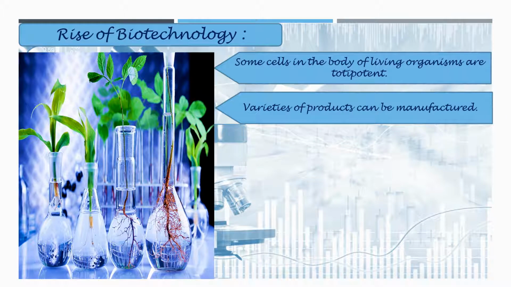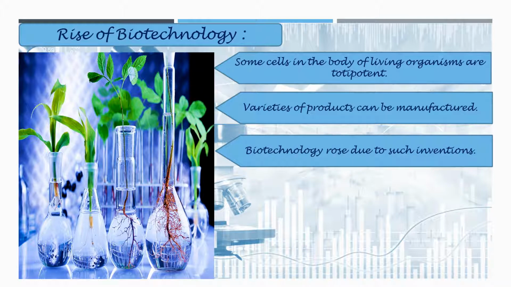Due to this totipotency of the cells and their genetically controlled biochemical processes, a variety of products can be manufactured, for example, high-yielding crops, new species of animals, various vaccines, etc. The new branch of biology, biotechnology, rose due to such inventions.